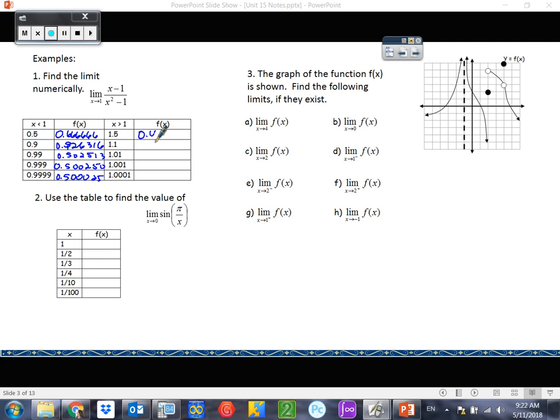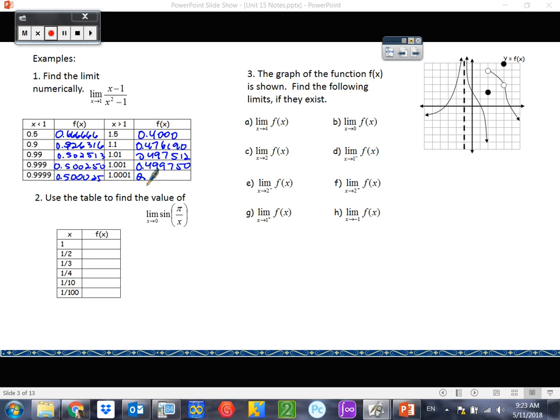Now, let's complete the chart from the right, starting at 1.5. That's at 0.4. Then at 1.1 is 0.476190. Then 1.01 is 0.497512. Then at 1.001 is 0.499750.